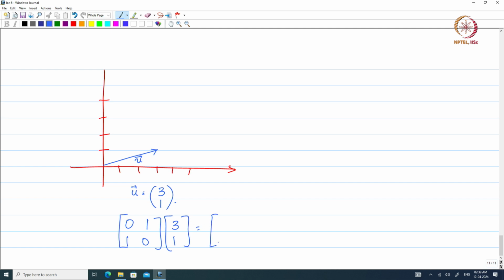This transformation results in 1 3, which is here, and what the matrix does is the following. The matrix reflects all the points about the line y is equal to x, or if I take this as x1 axis and that as x2 axis, then it reflects about the x2 is equal to x1 line.